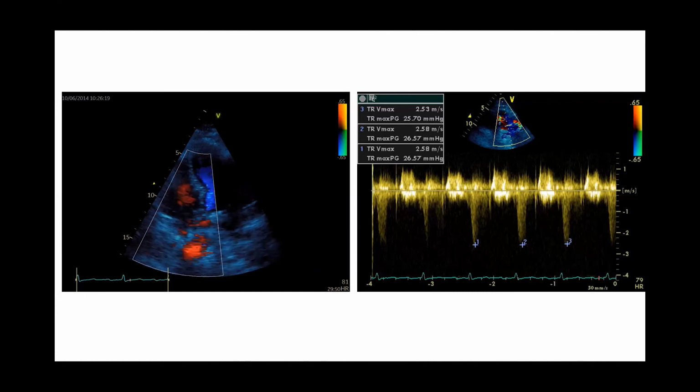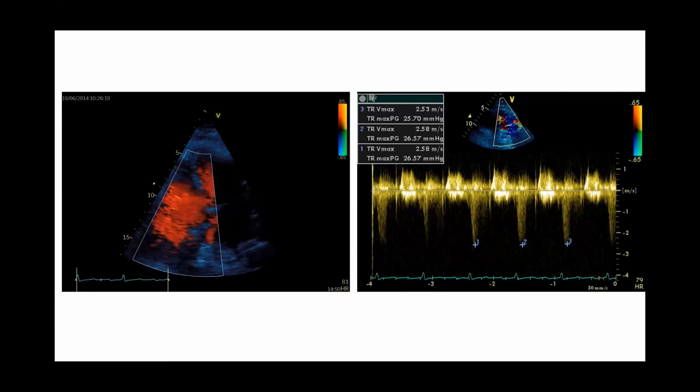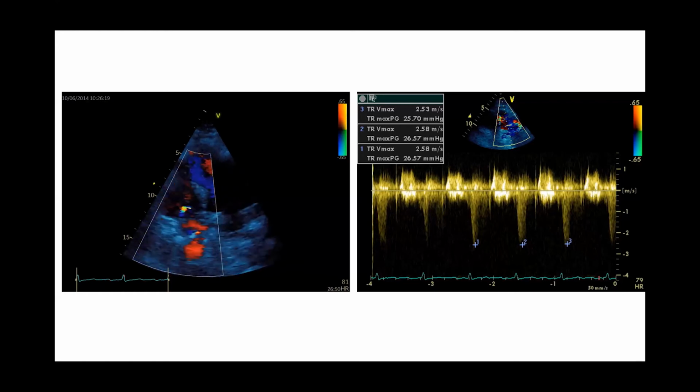That would be consistent with mild to moderate pulmonary hypertension, between 30 to 50, but it depends on the right atrial pressure.